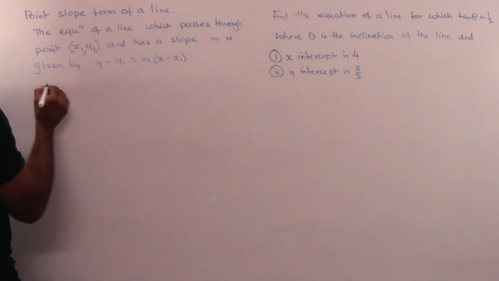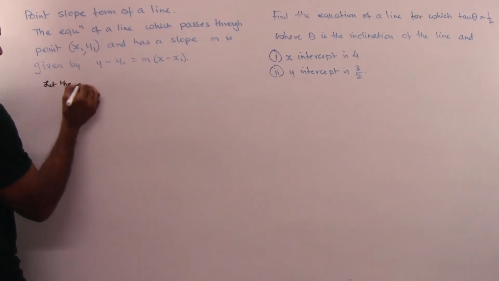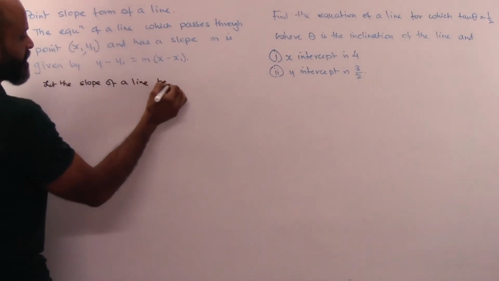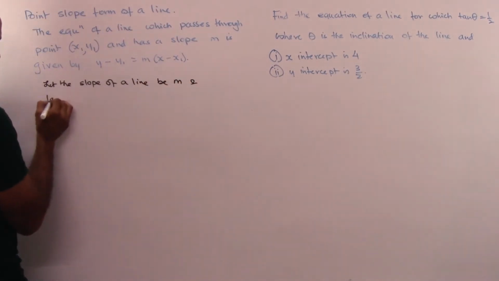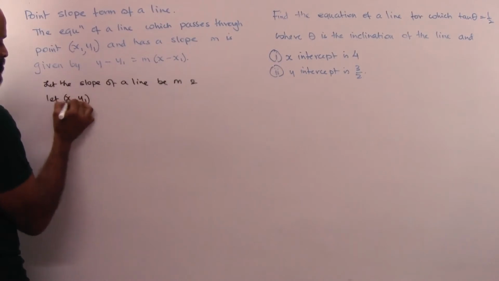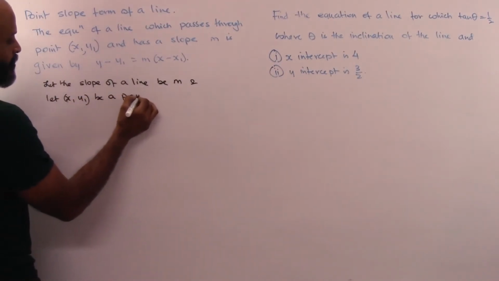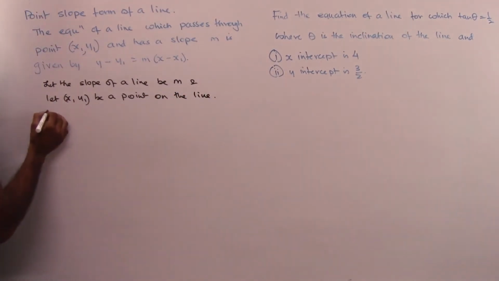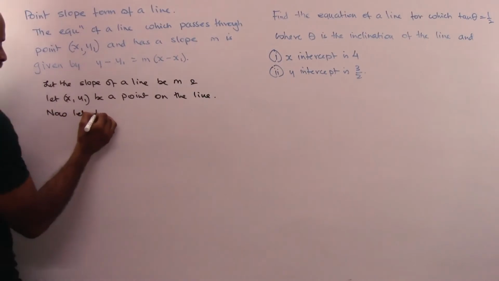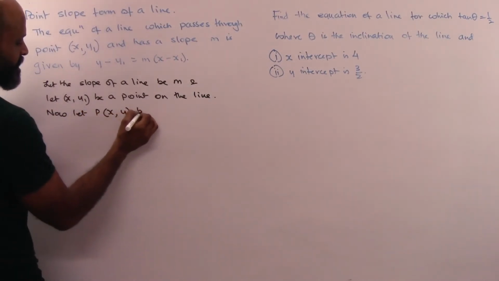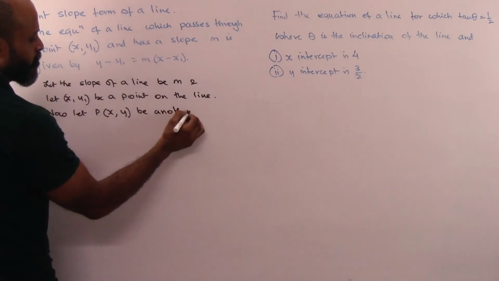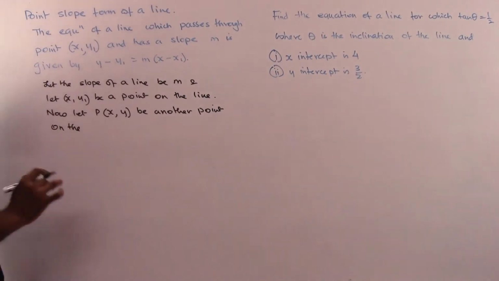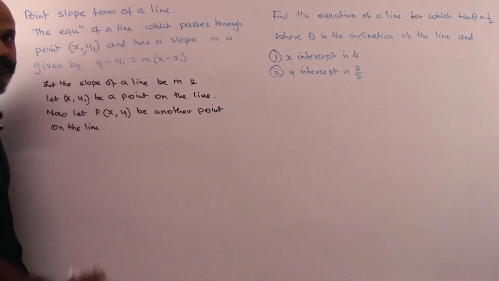Let the slope of a line be m and let x1, y1 be a point on the line. Let P, that is x, y, be another point on the line. What will be the slope of the line?